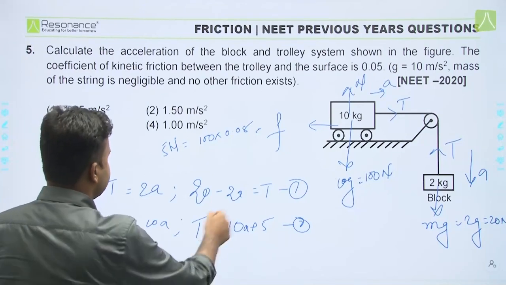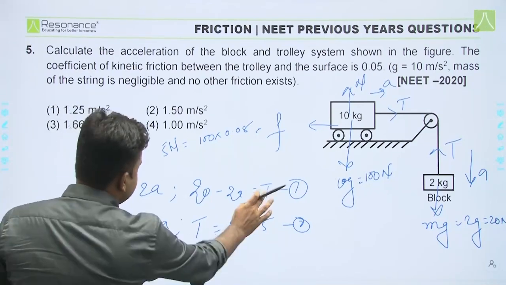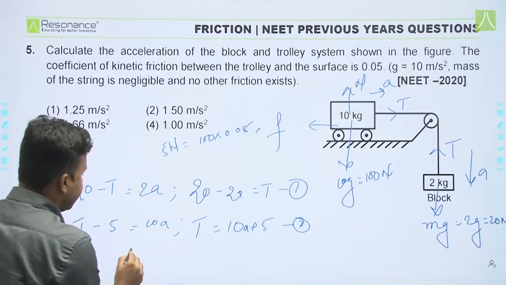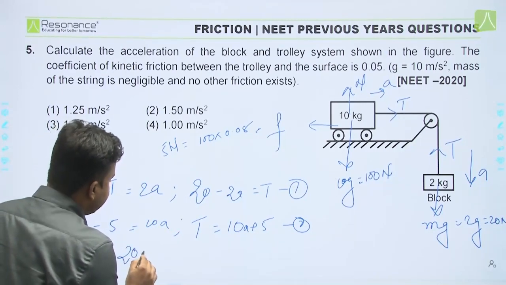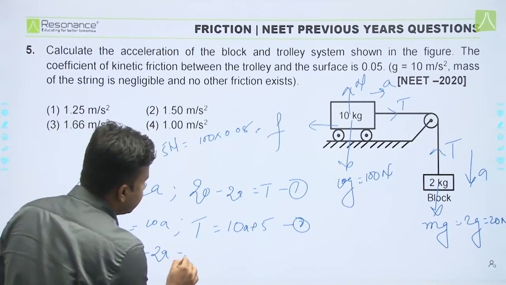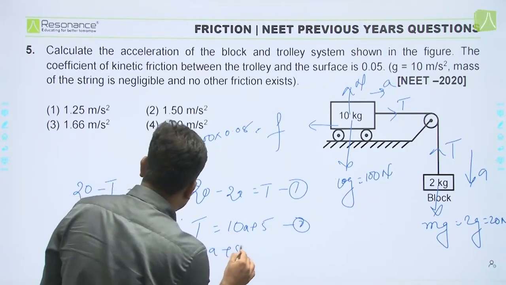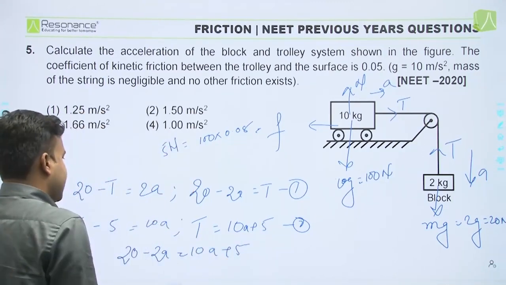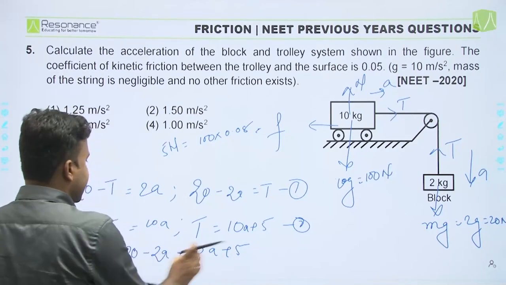Equate these, because both equations give T equal to this much. It means we can write 20 minus 2A is equal to 10A plus 5. Now bring this one to this side and this one to that side.